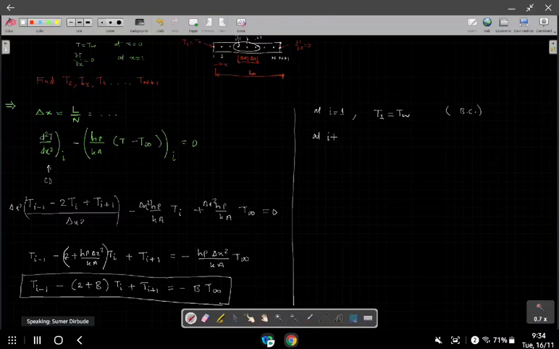At I is equal to 2, this equation number 1 you have to apply.